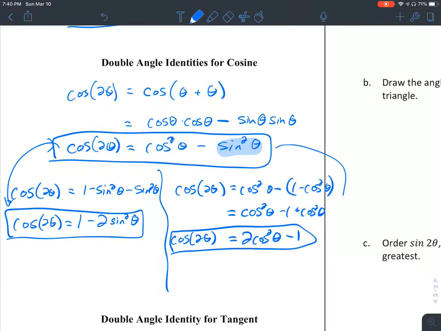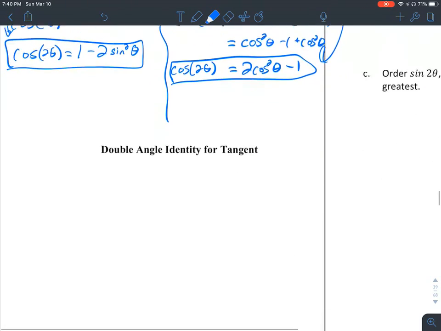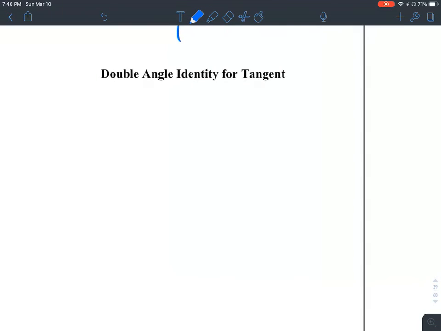So there are three identities for the double angle identity for cosine. To be honest with you, I pretty much exclusively use this one here. Moving on. Double angle identity for tangent.